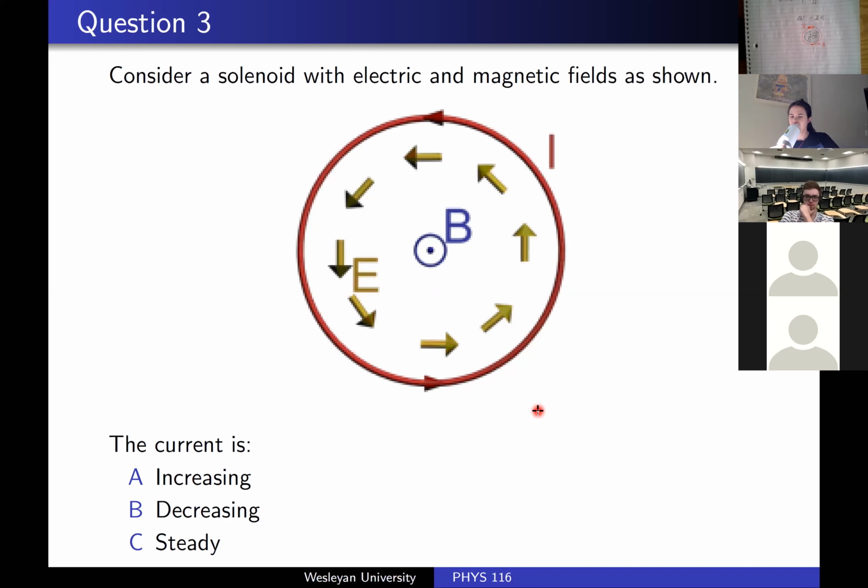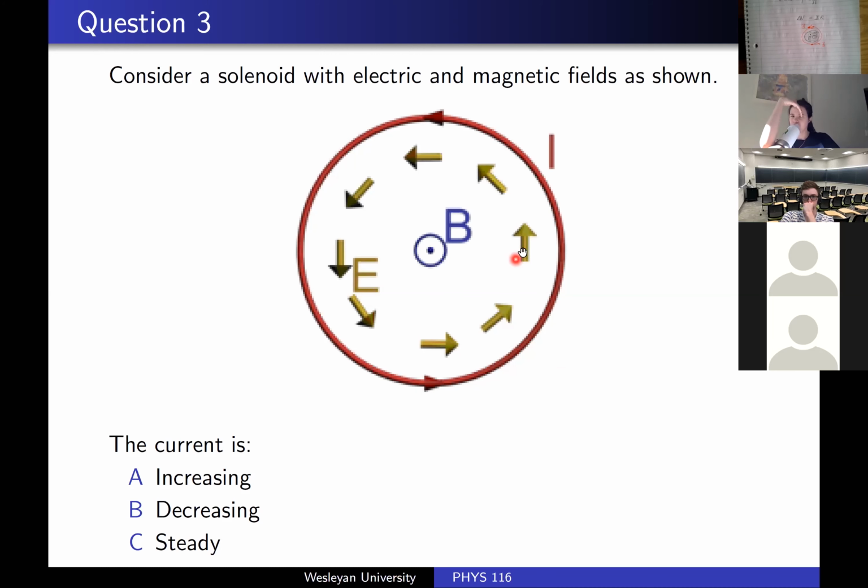I'll try. I was thinking if the B field's coming out, that means that the B field from the current has to be moving clockwise around the current. Say again?